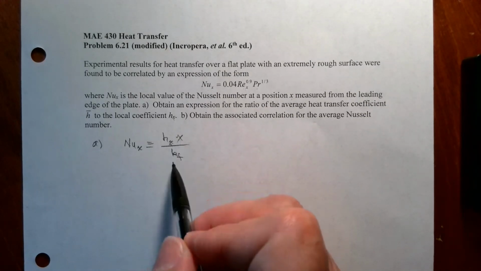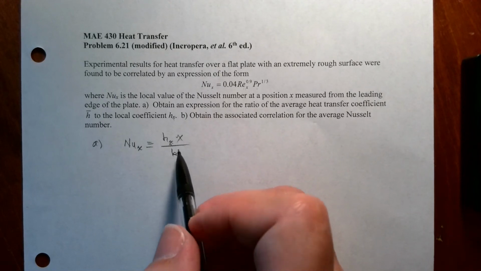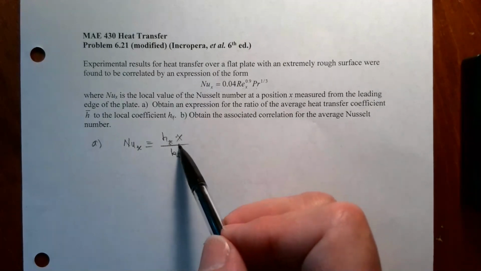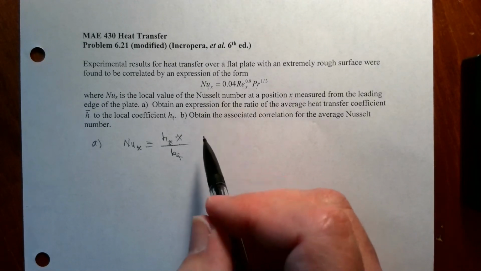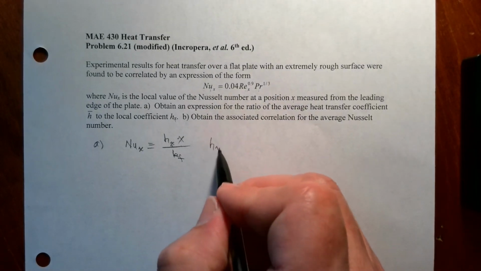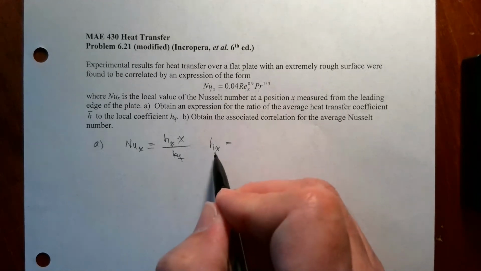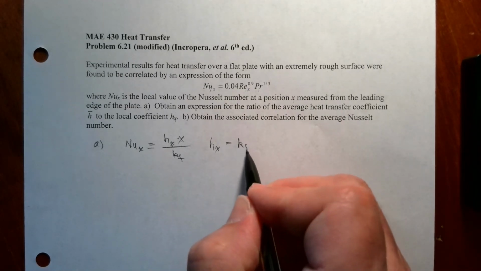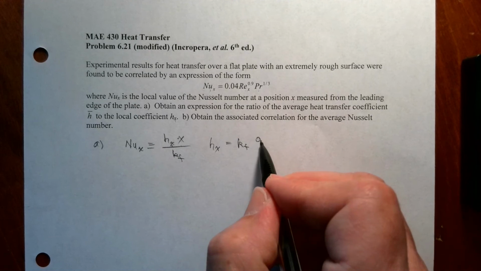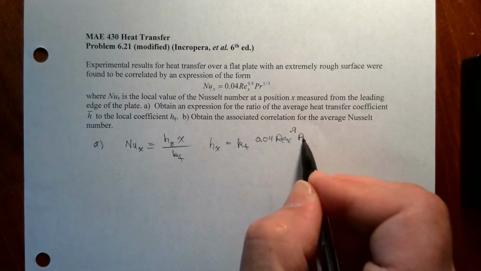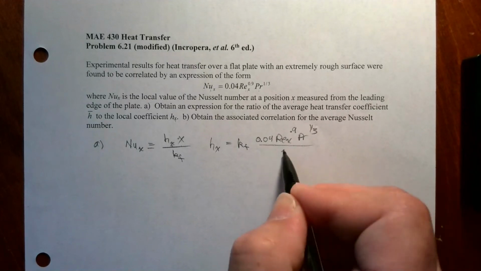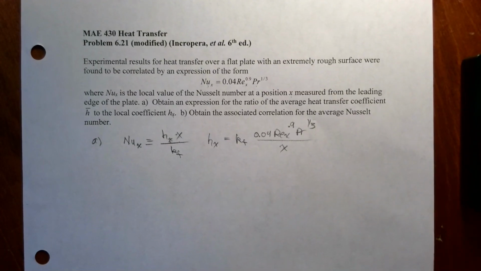So times x divided by k of the fluid. Okay, so I'm going to take this and put it in place here. We can solve that for h. That'll give us an expression for hx. So the local heat transfer coefficient is equal to kf times 0.04 Reynolds number to the 0.9 Prandtl number to the 1/3. Divide that by x.